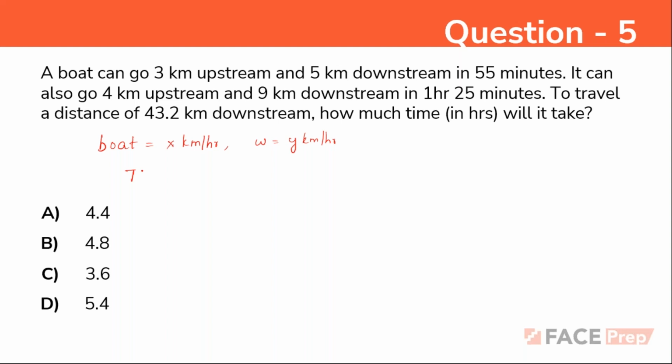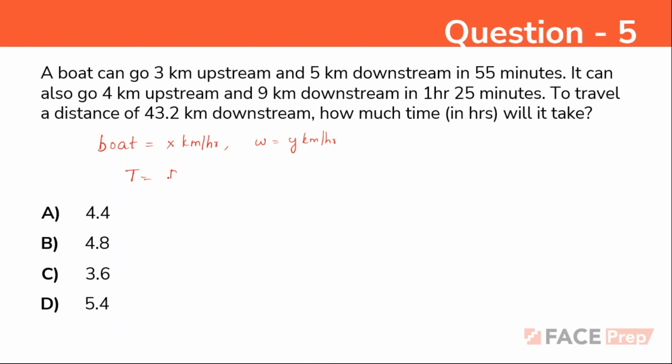So the second case is 4 km upstream, that is 4 divided by x minus y, plus 9 km downstream, that is 9 divided by x plus y, which is equal to 1 hour 25 minutes. So 1 hour plus 25 divided by 60. So I'll be getting 60 plus 25, 85 divided by 60, which is 17 divided by 12.